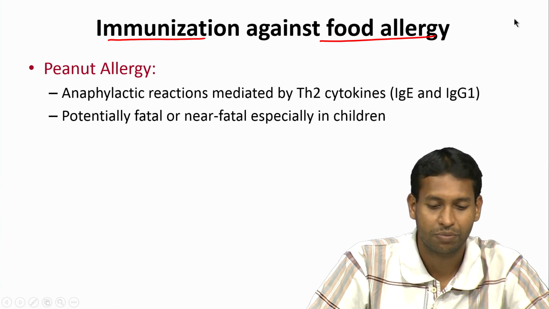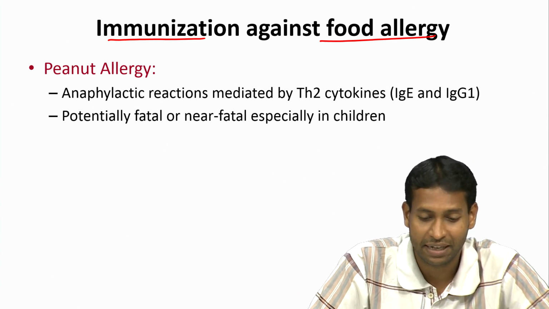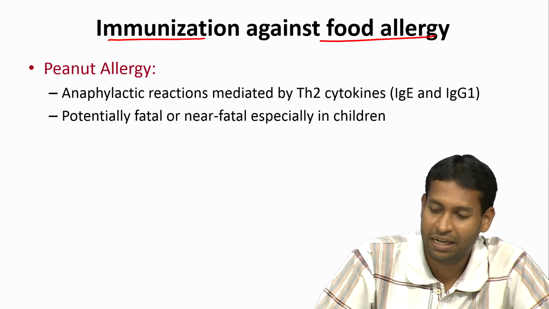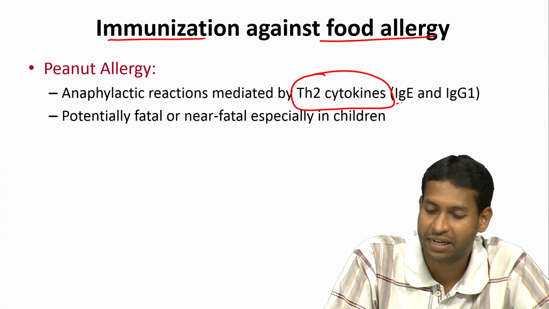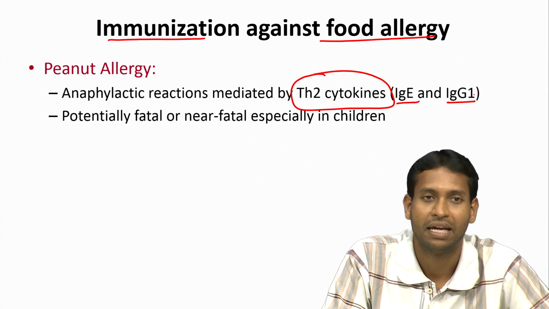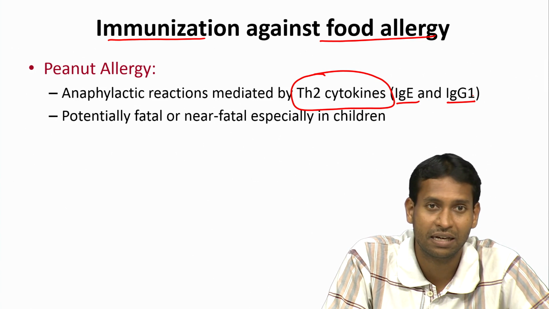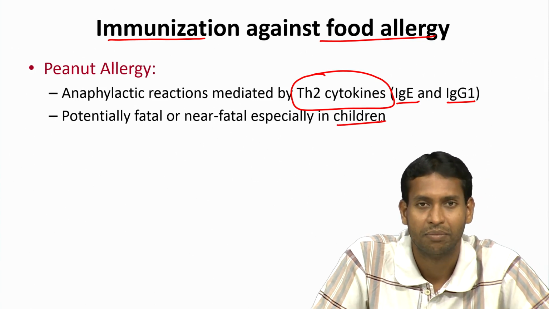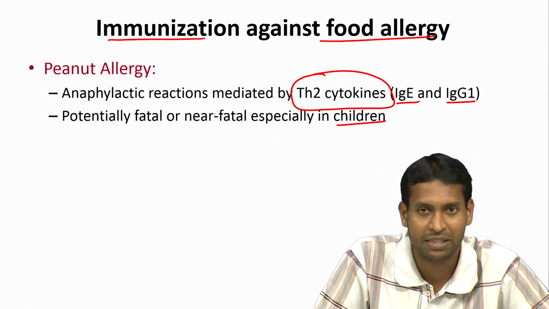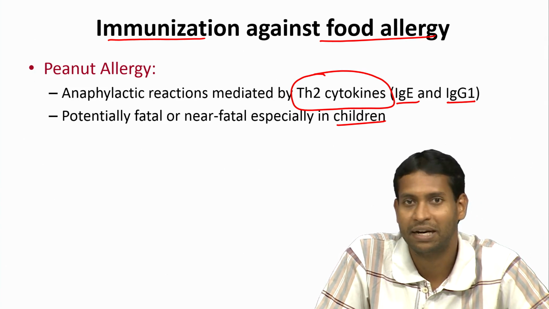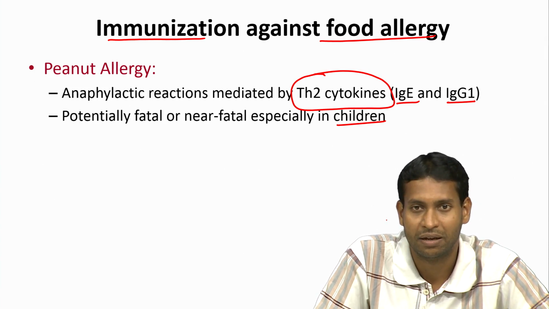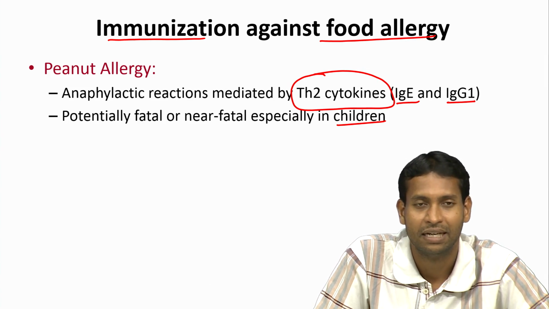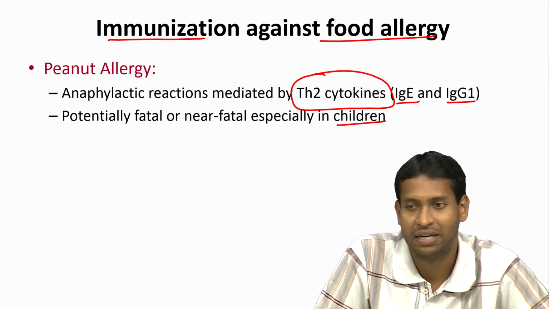Peanut allergies cause anaphylactic reactions, and that is because you get this Th2 based cytokine response, which results in IgE and IgG1, and this is potentially fatal or near fatal, especially in children, because a lot of the time these babies and children are given food that may contain peanut without knowing that they may have allergies, and it may then result in quite a bit of immune response, and they may not be close to a hospital setting, and sometimes that even causes death, unfortunately.